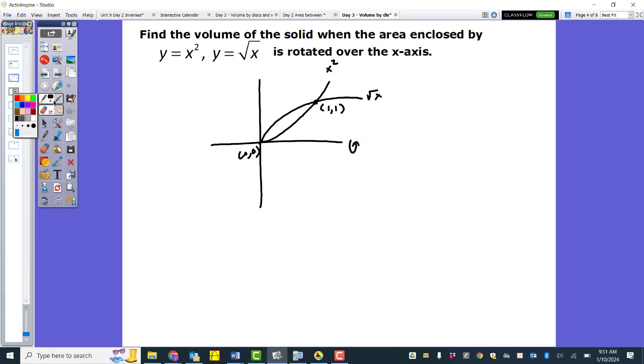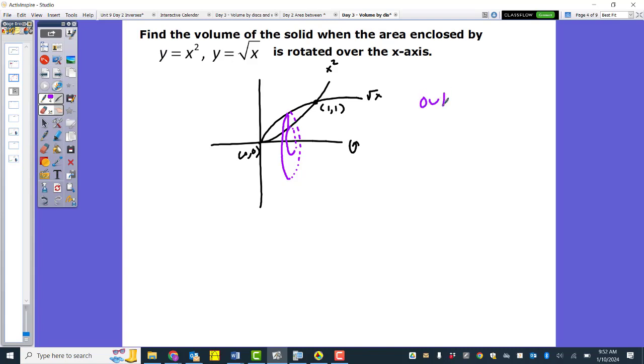So now, similar to last time, we're going to have a hole in our disk. So here's our radius, here's the outer, and here's the inner. We're going to have a hole, but instead of one being a constant, both of them are going to be changing.